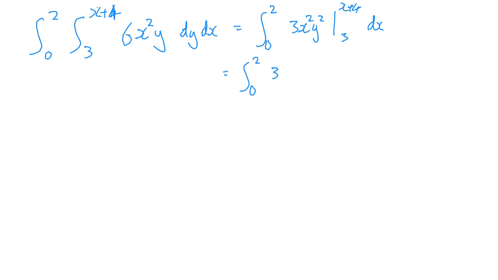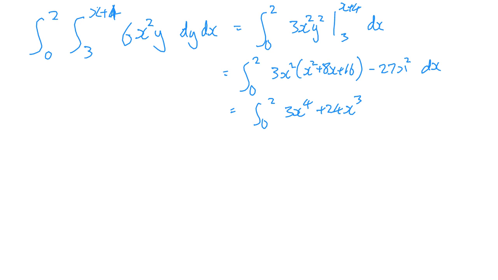So I've got 3x squared times y squared, which will now be x squared plus 8x plus 16, minus 3x squared times 3 squared, so minus 27x squared. Right? I'm happy with that. So if I clean this up, this is now 3x to the power 4 plus 24x cubed plus 48x squared, but then minus 27x squared. So plus 21x squared.